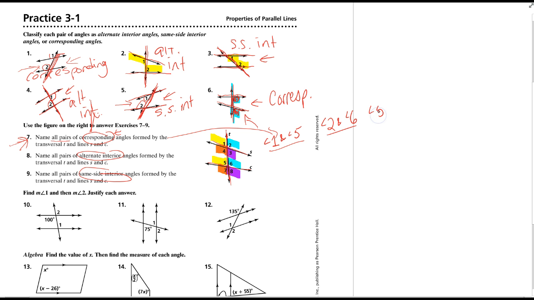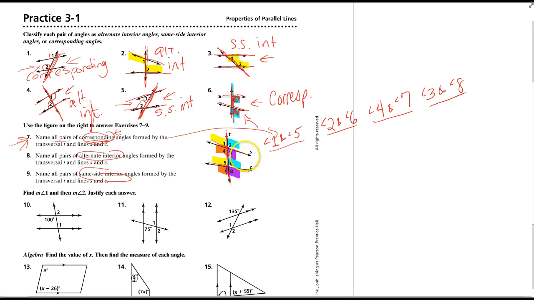Angle 4 and angle 7. Last pair, angle 3 and angle 8. So those are all of the pairs of corresponding angles in this diagram.